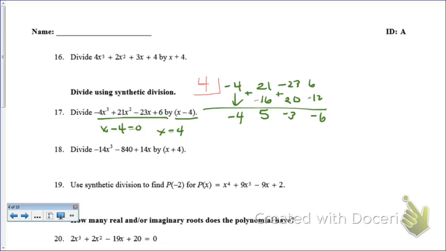That last column is where you're going to get your remainder. So the first three numbers, that's your quotient, and you're going to have one exponent less than you had in the original polynomial. And you get negative 4x squared plus 5x minus 3 with a remainder of negative 6.